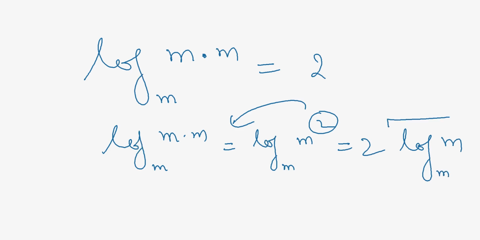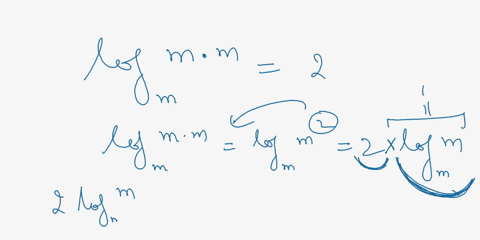We know that this whole thing is 1. That's okay. But do you understand what is happening between the 2 and the log m to the base m? What is the mathematical operation going on between these two? Is it multiplication? Right. 2 times log m to the base m is what? Repeatedly adding log m to the base m by itself 2 times. Do you get that?